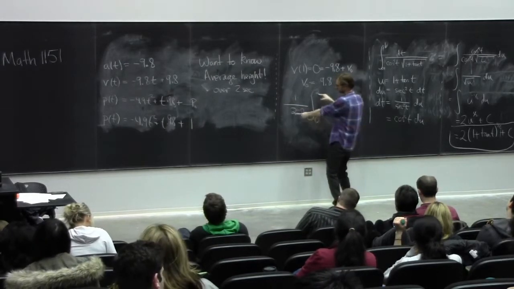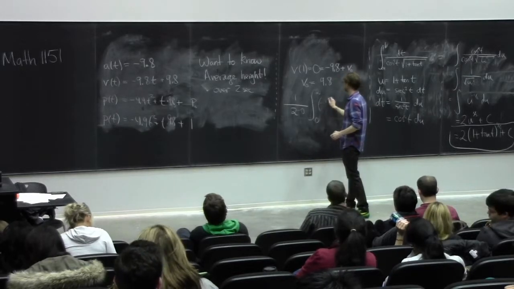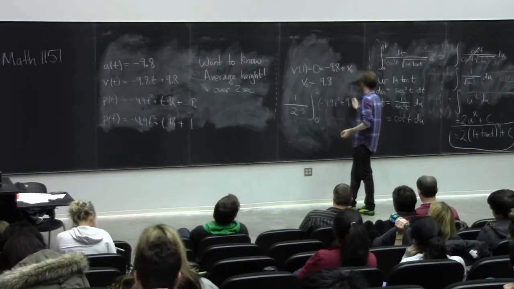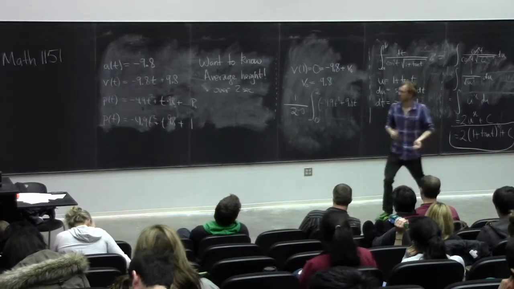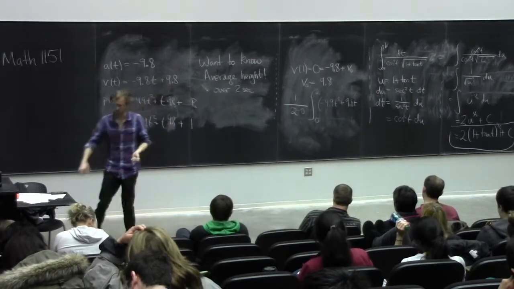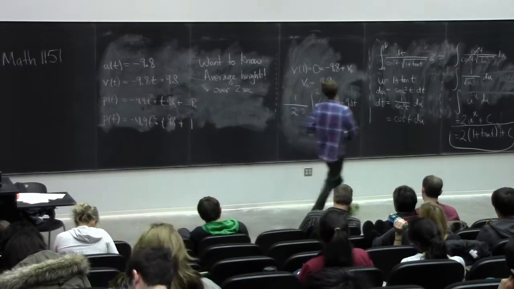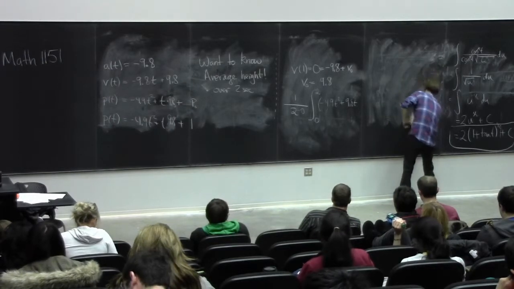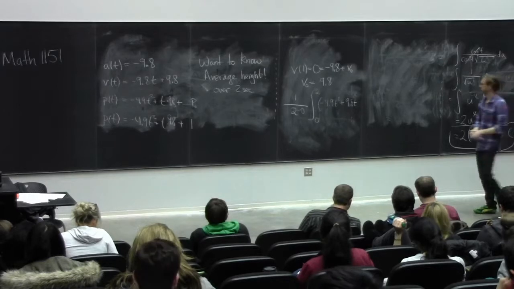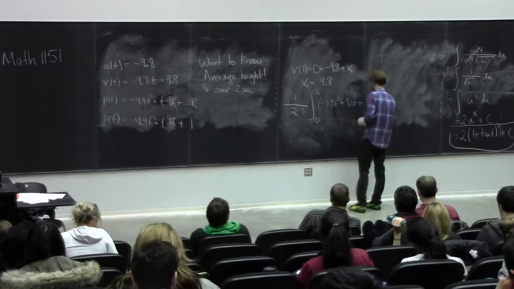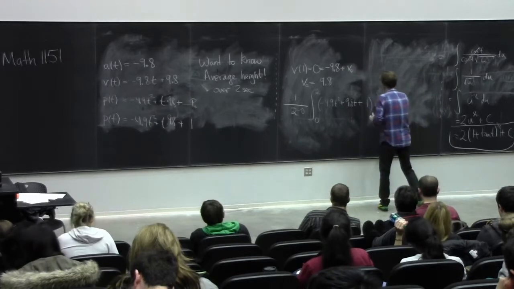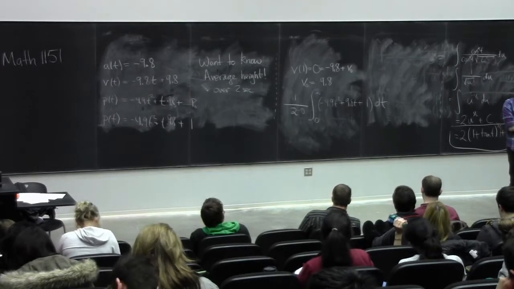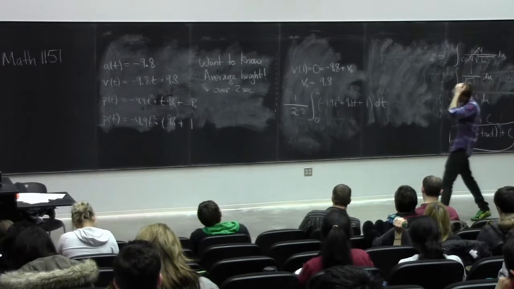It's actually 2 minus 0, the top minus the bottom, of minus 4.9 t squared plus 9.8 t plus 1 dt. And then can you do this integral? Is this one that we can do? Yeah, this one should be no trouble at all, right?